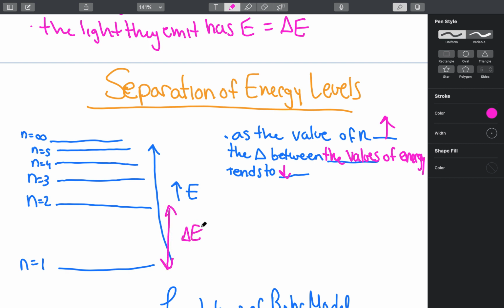If you then measured the energy difference between n equals 4 and n equals 5, you notice that the energy difference is much smaller between these two levels. And that's because as you increase the value of n, the differences between the energy levels decrease. So as you go up in the energy levels, you'll notice that the energy levels are written closer together, because the differences in energy decrease as we go up in energy levels.